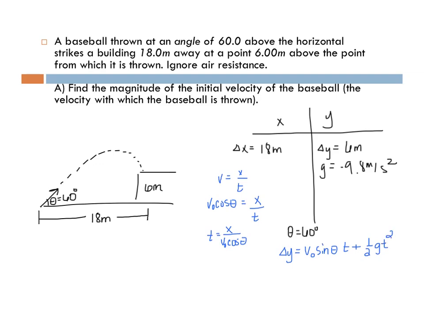Again, one of the phrases you're going to hear me say all year long, two equations with two unknowns. In this case, I have two equations with time and v naught as my unknowns. I want to substitute.